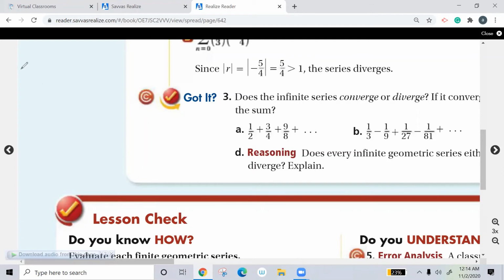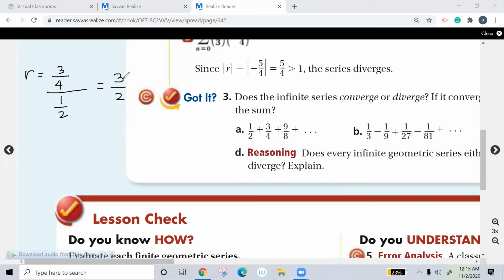Okay, then first step, we will find the common ratio. So r is equal to 3 over 4, the second term, all over the first term, which is 1 half. So what is 3 over 4 over 1 half? It will give us 3 over 2.